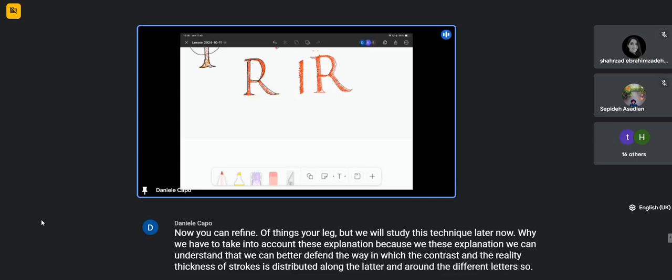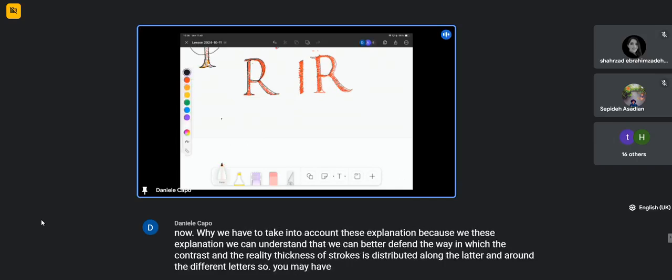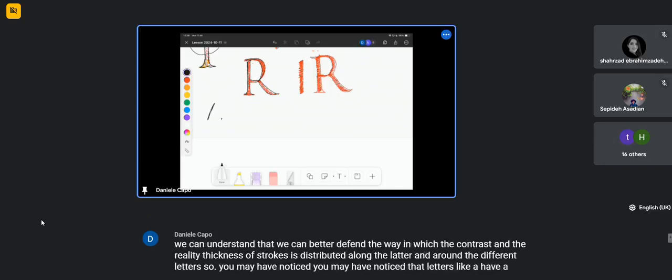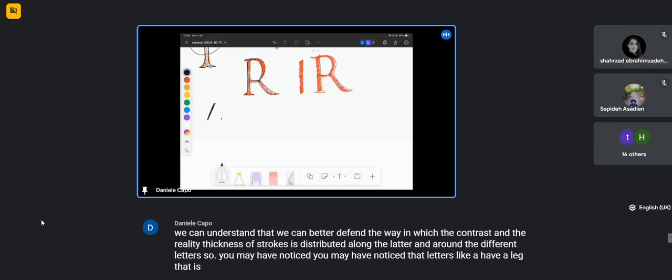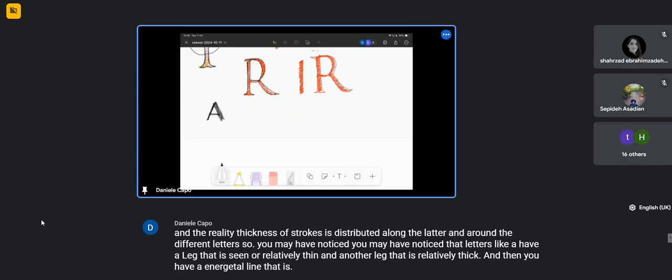So you may have noticed that letters like A have a leg that is thin or relatively thin, and another leg that is relatively thick, and then you have a horizontal line that is thin again.